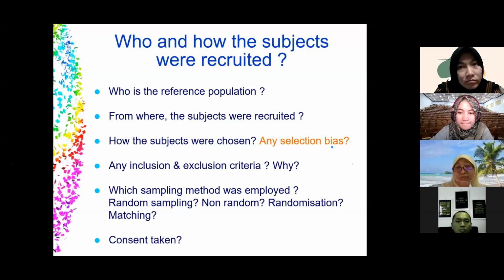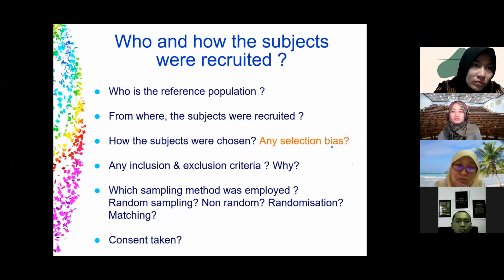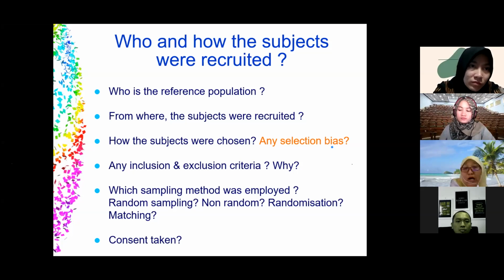Adakah dia mention in the paper any inclusion exclusion criteria? Siapa yang dia include? Adolescent age 16, 18, or berapa? Siapa yang dia exclude? Kena ada criteria tu. Yeah? Then, what are the sampling method that they use? So when they choose, are they just taking from one school to represent the whole Indonesian adolescent?